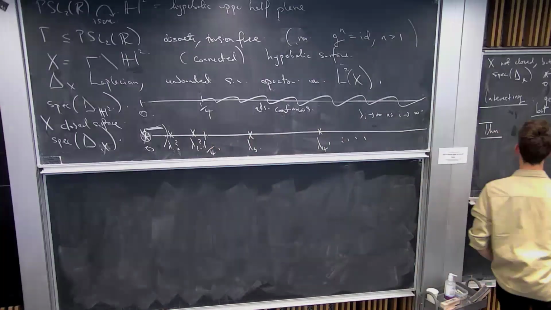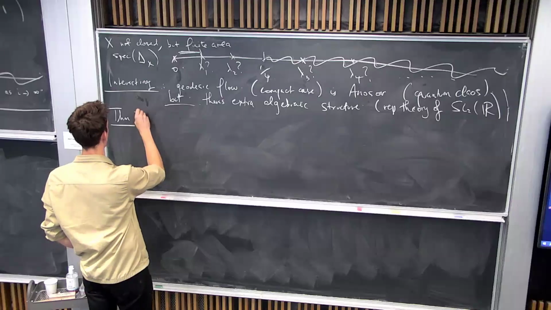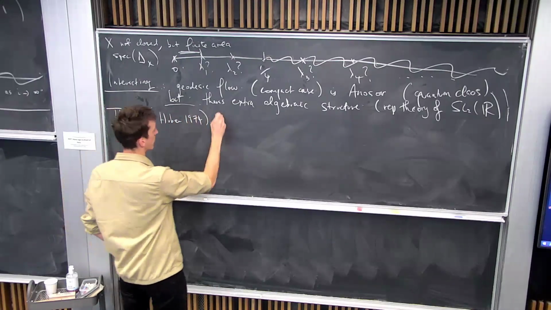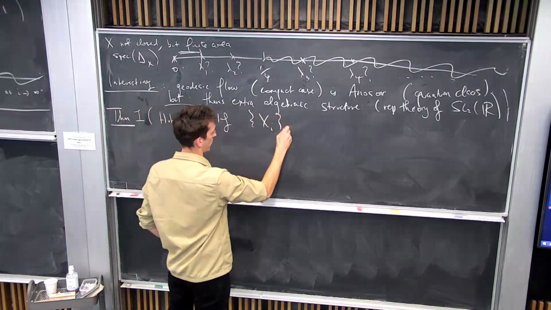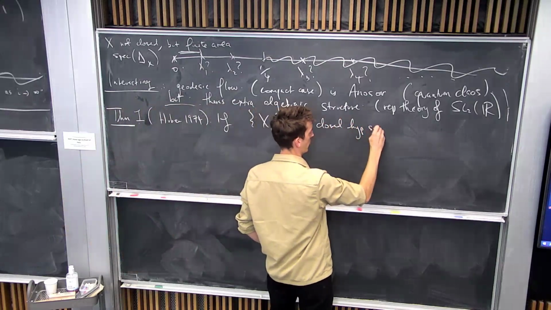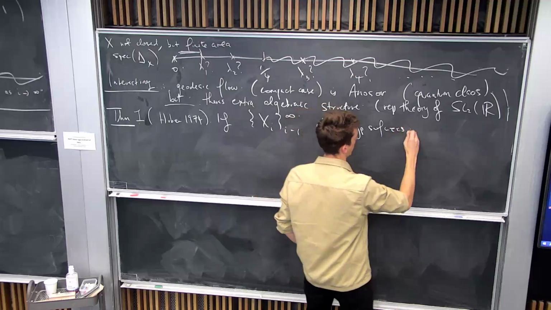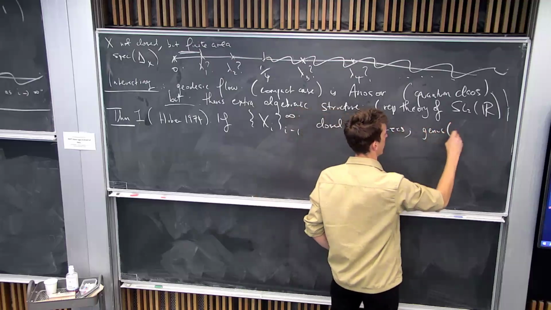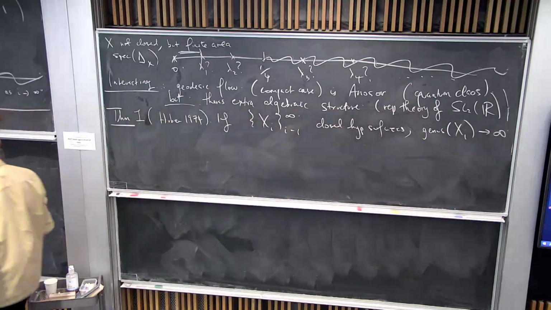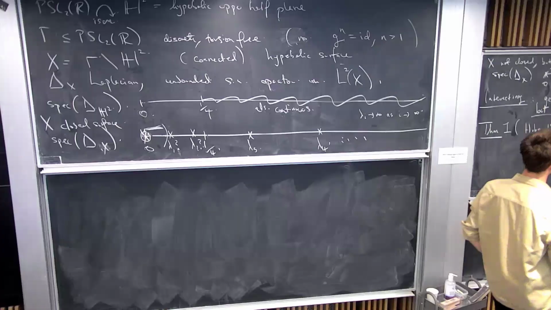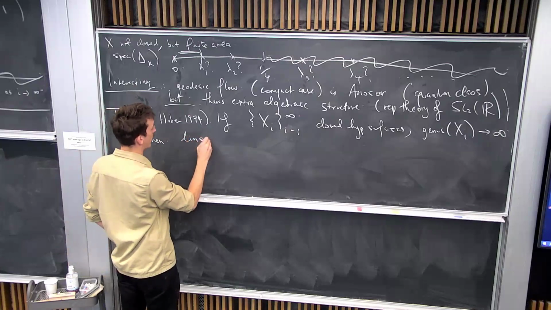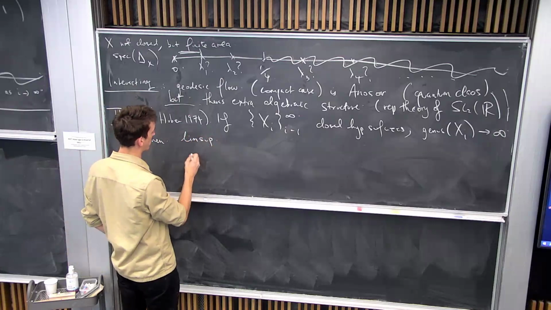So this is a theorem by Huber. If you have a sequence of closed hyperbolic surfaces X_i, with genus tending to infinity, so the genus is the number of holes in the donut, then you cannot consistently have a spectral gap larger than 1/4 by a consistent margin.